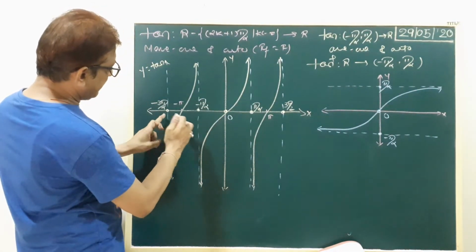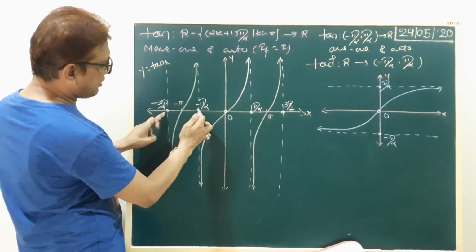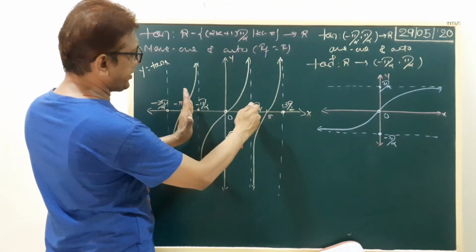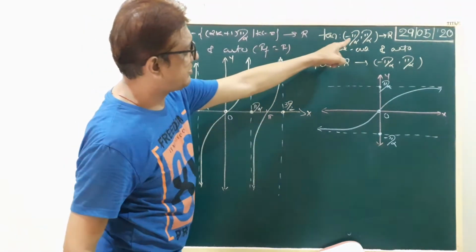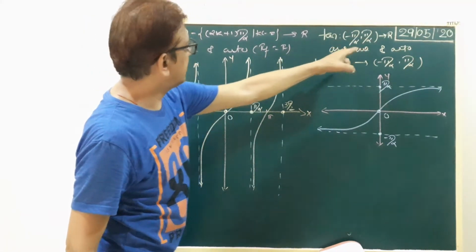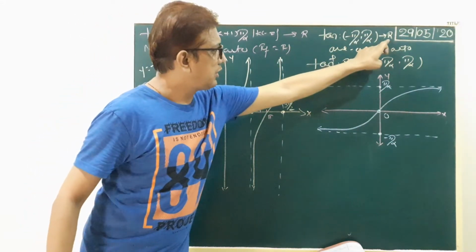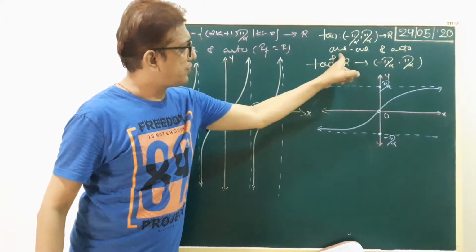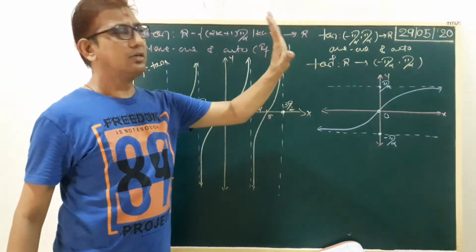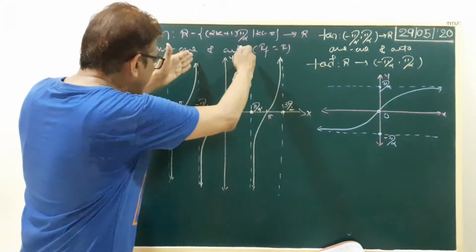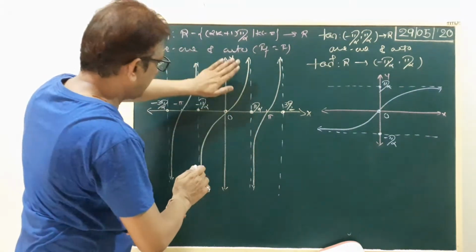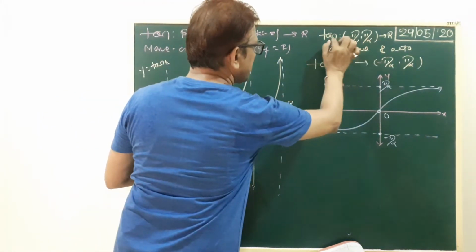You can also try minus 3 pi by 2 to minus pi by 2, open interval. But in our textbook, the open interval minus pi by 2 to pi by 2 is the limited area. The codomain is the same, R, because it is already onto. But the domain is restricted, so the function is one-one. So only this portion is our domain.